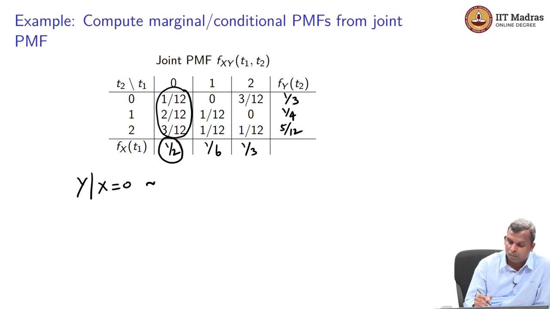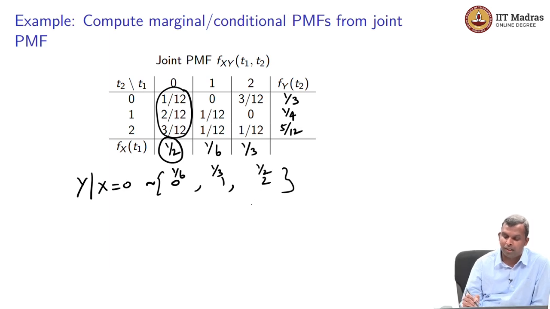This is going to be 0, 1, 2 and the probability is going to be 1 by 6, 1 by 3 and 1 by 2, isn't it?